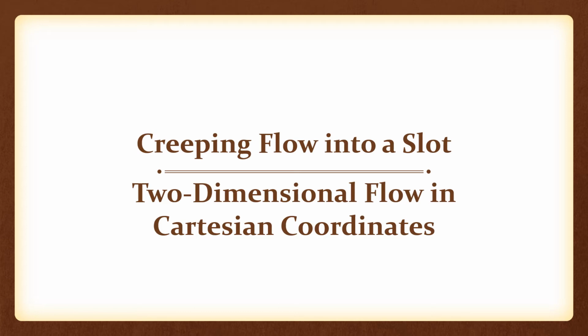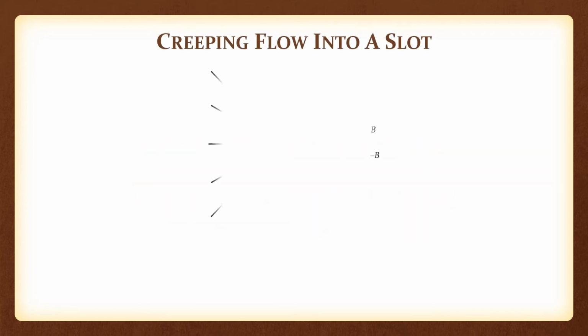The second problem is the problem of creeping flow into a slot. And this is a problem that we looked at when we considered the molecular momentum, convective momentum flux tensor, right? So this is two-dimensional flow in Cartesian coordinates. Now, this is the problem.